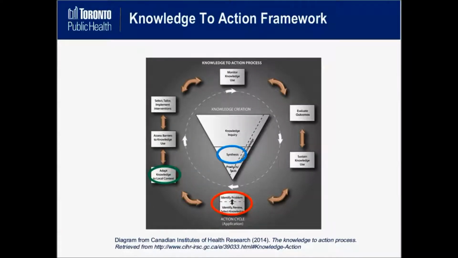The KTA model, the Knowledge to Action Framework cycle, is a process theory that I can incorporate to implement this project. The cycle has three phases of the knowledge creation cycle and 7 action phases.